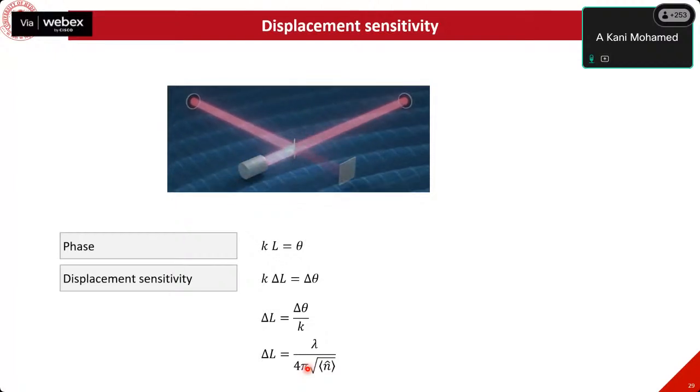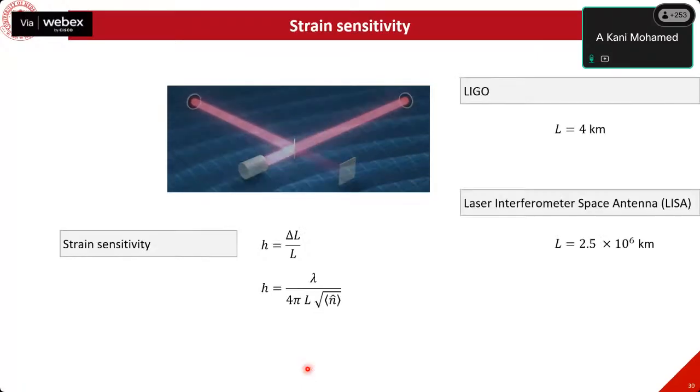But this is the sensitivity of the instrument when we talk about the displacement sensitivity. But people are more interested in measuring the strain, the gravitational strain. That is nothing but the change in the length over the length L. So per unit length, it is the displacement caused by the gravitational wave per unit length.